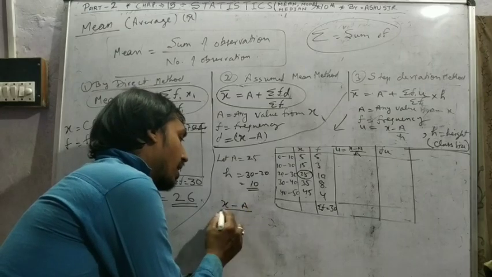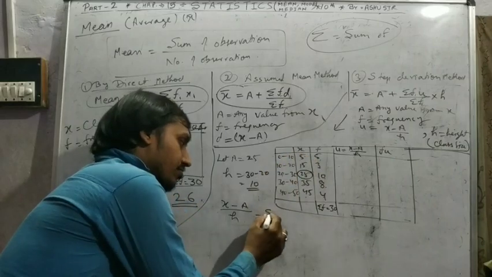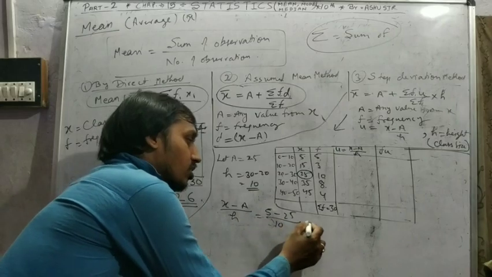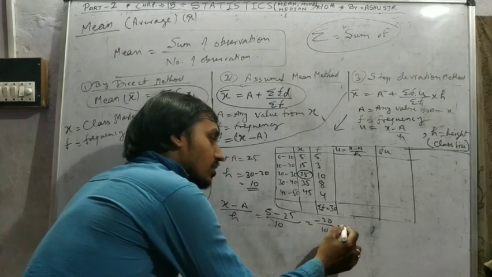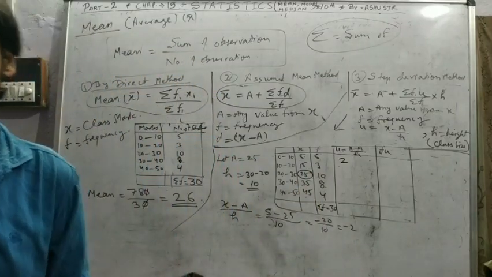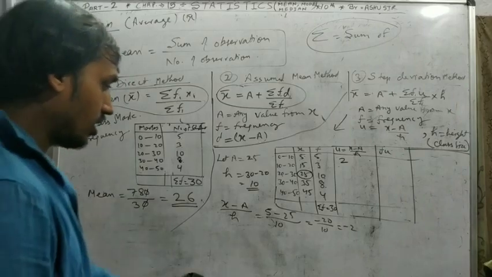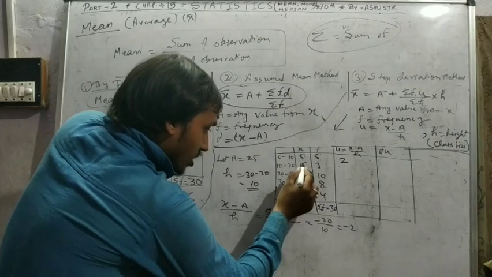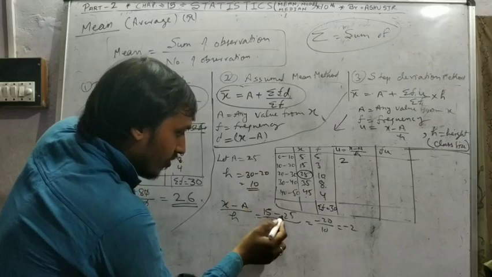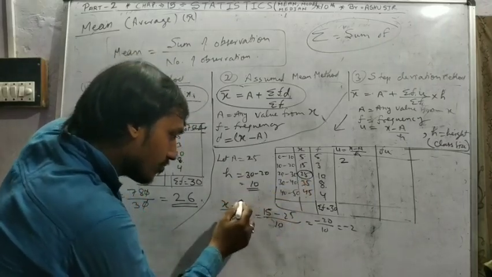X minus a by h, we can find the first value. X means 5, a means 25, h means 10. So we get minus 20 by 10, minus 2. Then second, 15 minus 25 by h; only x changes and all the other things are the same.